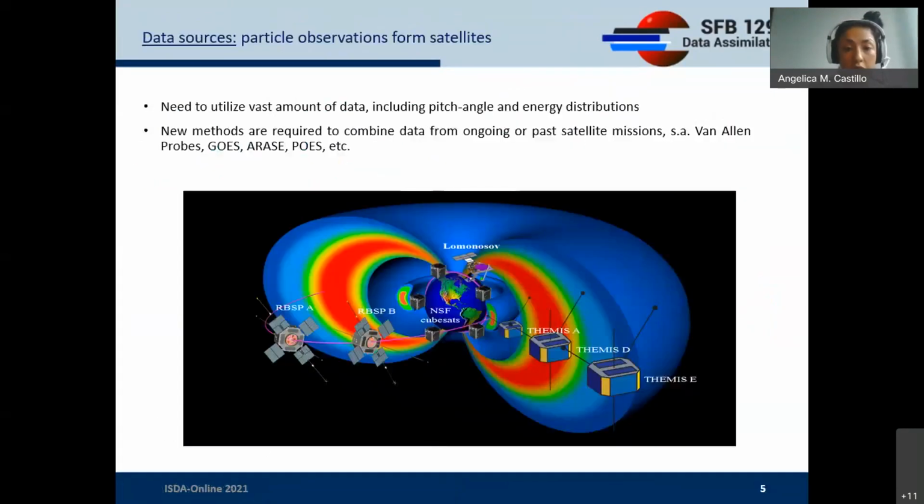We also have particle data from satellite missions that offer measurements at different energies and different locations in space. However, the region we're studying is pretty vast, so we need as much data as we can possibly have, and this is the most challenging task that we have at the moment.